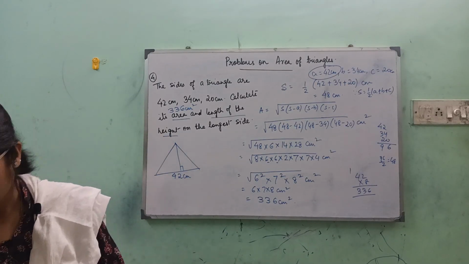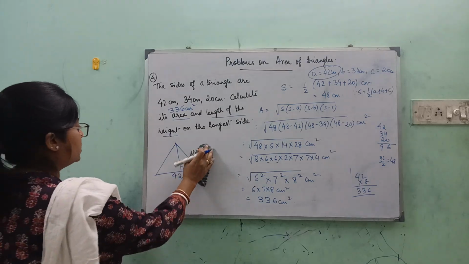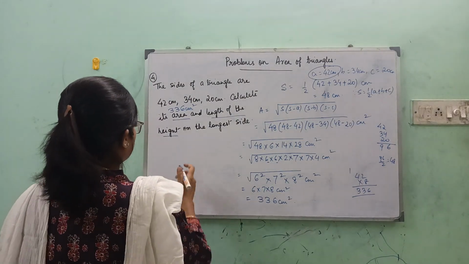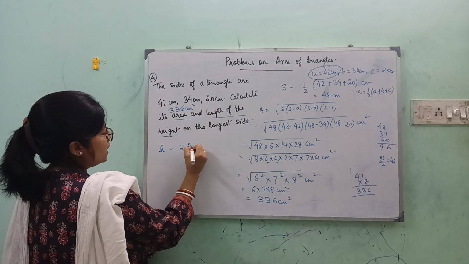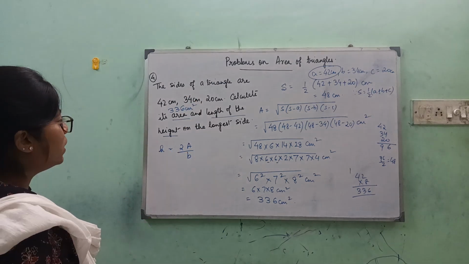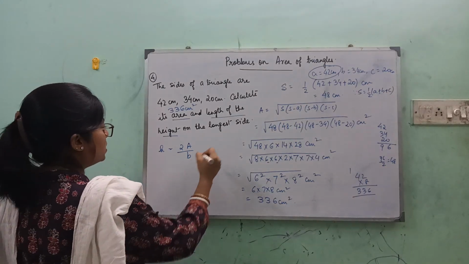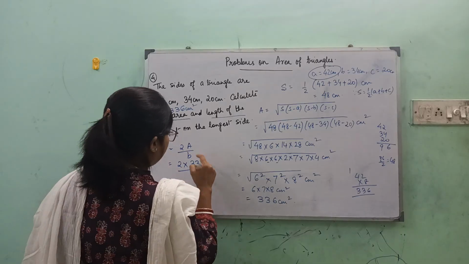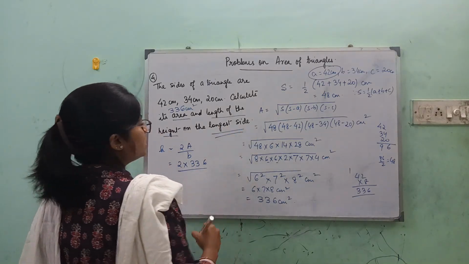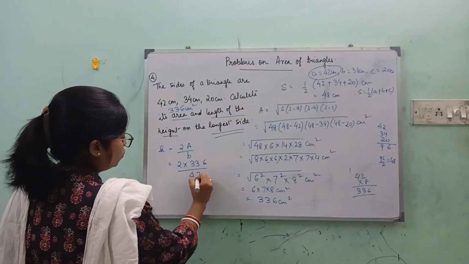So we'll use which formula here? Half into base into height. Just now I've told you the height's formula in this video only: 2 times area by base. So if we consider the longest side as the base, 2 times area means 2 into 336 by the base. What is the base? 42.